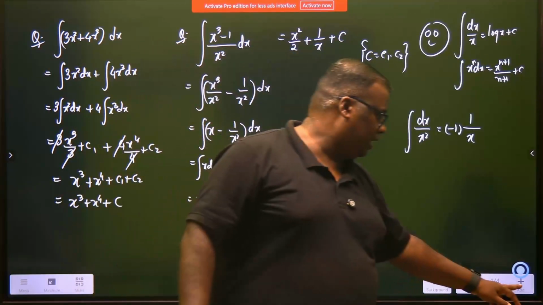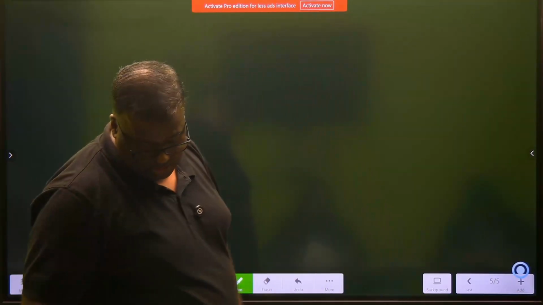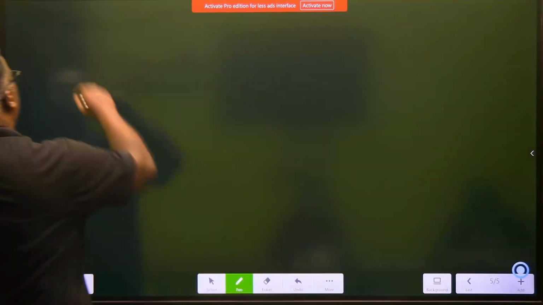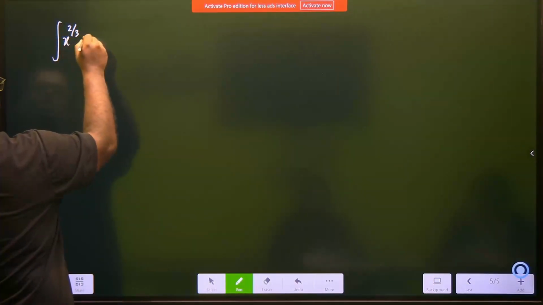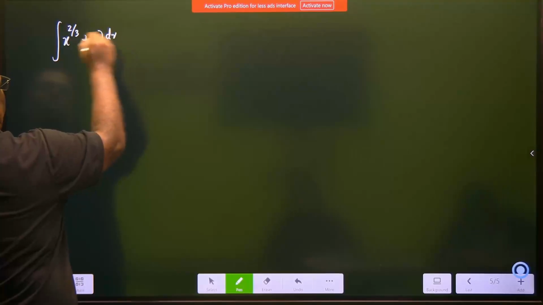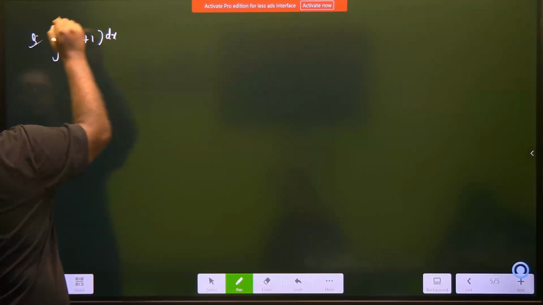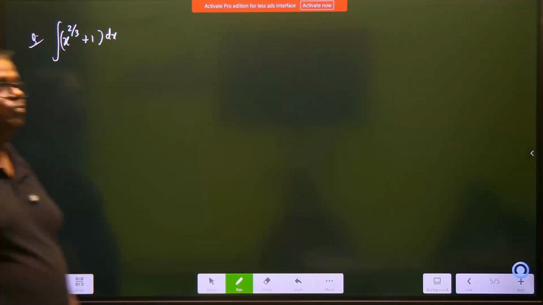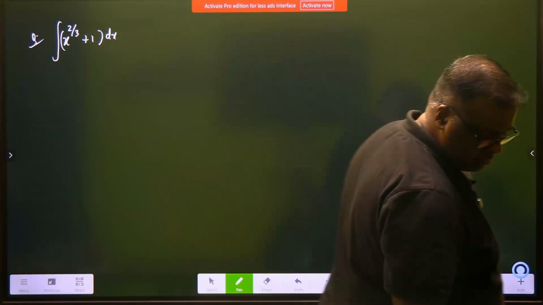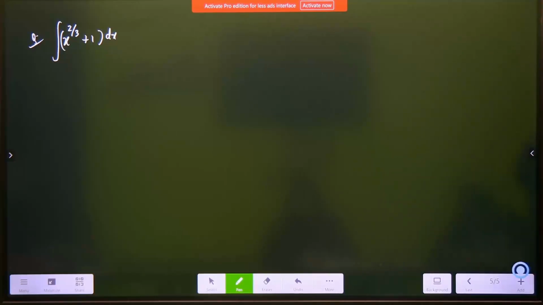5-6 problems we'll do. We'll get an idea of how to do problems. Chaliye. Can you try this problem on your own? Don't look at the book, okay? Can you try this formula on your own? Simple formula. Split it into two functions. Use the formula of x to the power n dx.